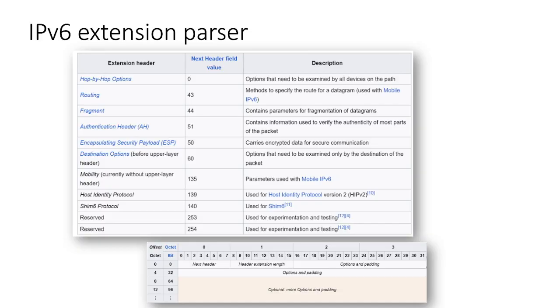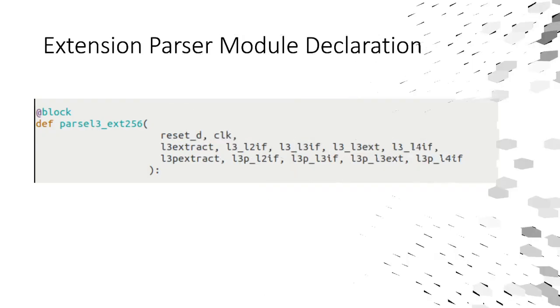Because when you run these designs at 400, 500 megahertz or even beyond, you have to be very careful about how you're constructing your logic. So this is a good approach in getting high efficiency and high bandwidth out of your code.